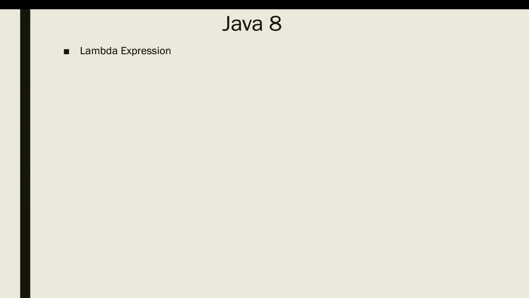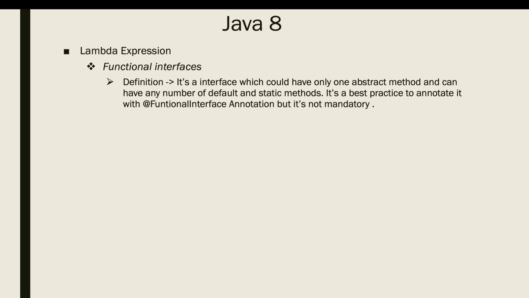To understand lambda expressions, we first need to understand what a functional interface is. It's an interface which could have only one abstract method and can have any number of static and default methods. Default method is something we will look at later. It's a concrete method inside an interface.